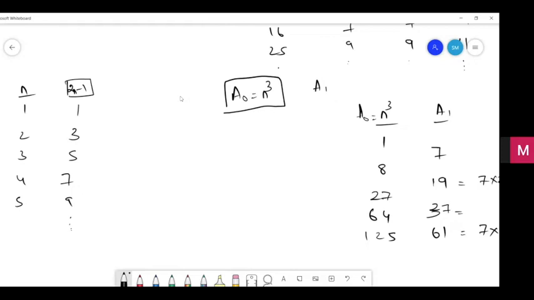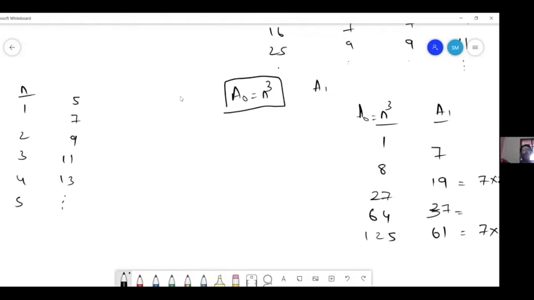Fine. Another very efficient way of getting a formula is to compare it with a sequence whose formula we already know. So what we can do here in this case is take this 5, 7, 9, 11, 13, and so on.